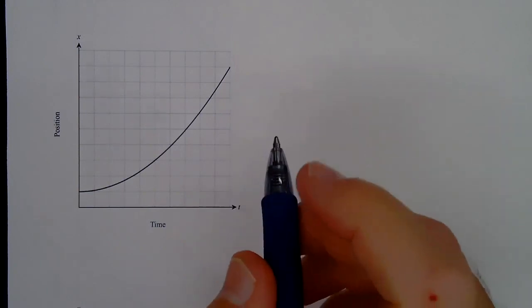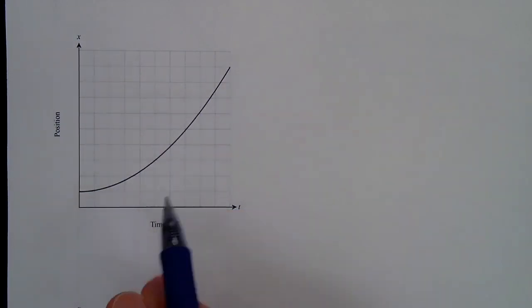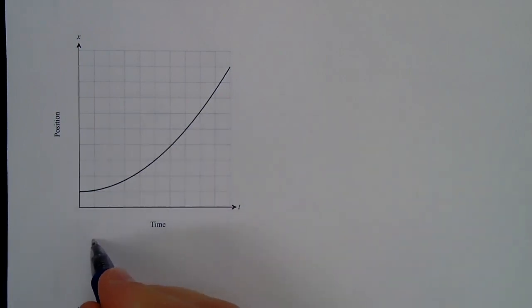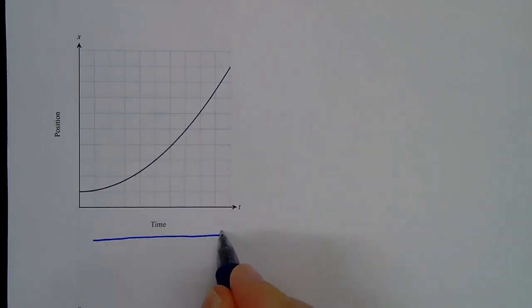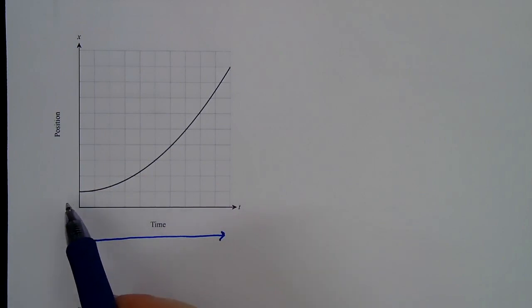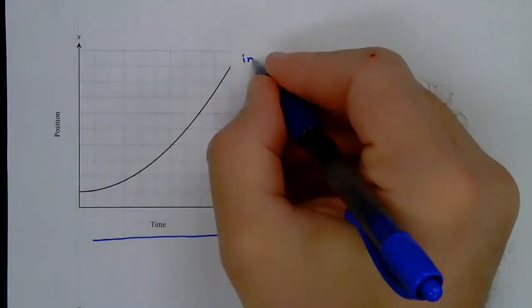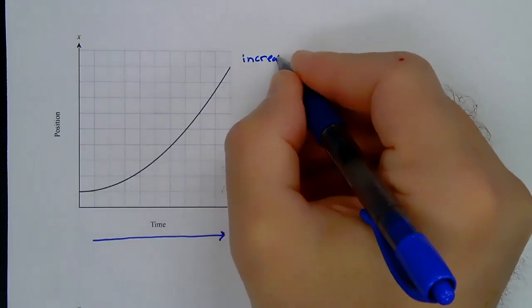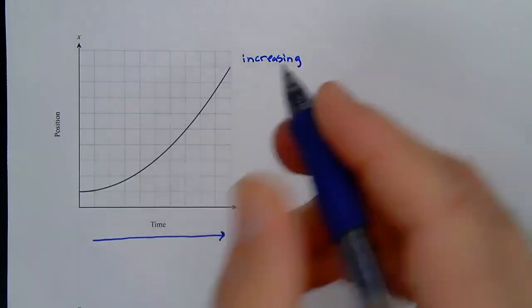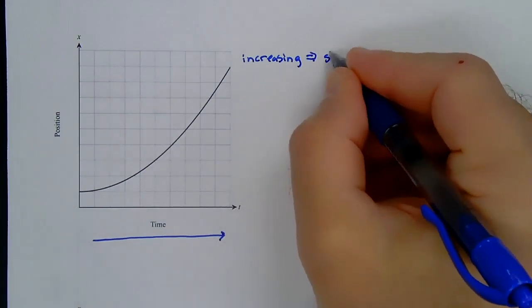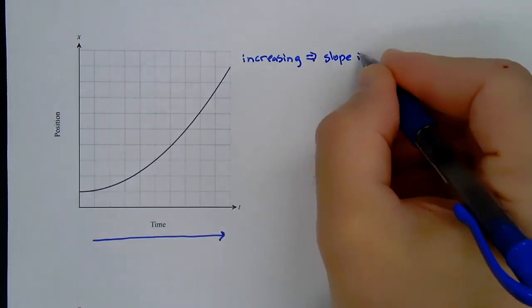So for this first graph, we see that it is increasing, and we always read it going from left to right. So it's increasing, and since we have a position time graph, that tells us the slope is positive.